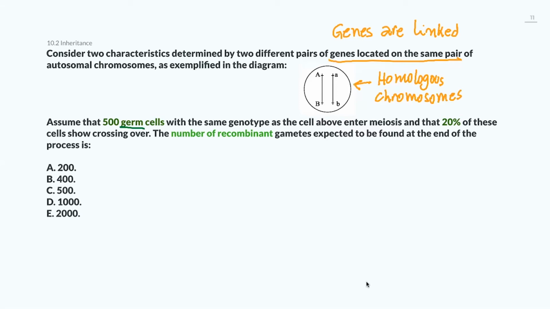Crossing over is something that actually happens to all cells that undergo meiosis. This happens during prophase 1. So let's say we have this chromosome here and this chromosome here. What happens during prophase 1? First, these chromosomes will be replicated, right?